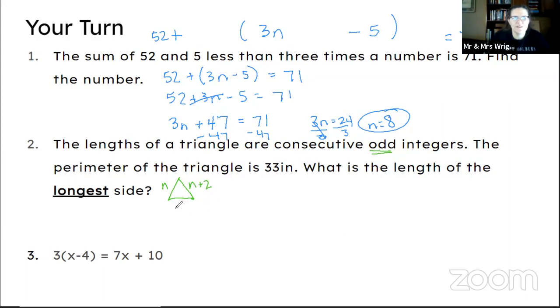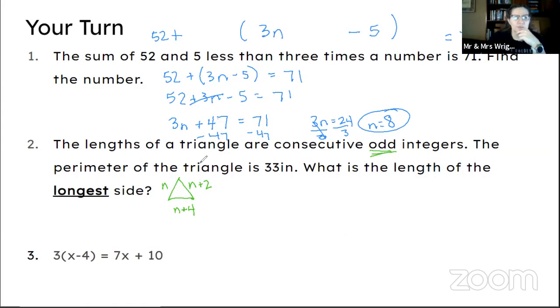And then this one down here, if it was 1, 3, and 5, 5 is 4 greater than our original n. So instead of doing n plus 1 and n plus 2, because we have the specification here of odd integers, I know that it increases by 2 every time. So I'm going to do n plus 2, and n plus 4.